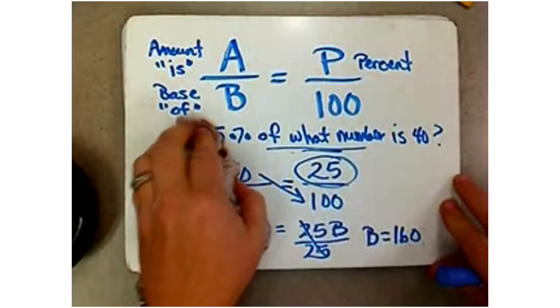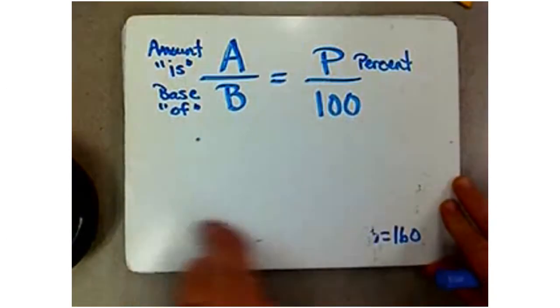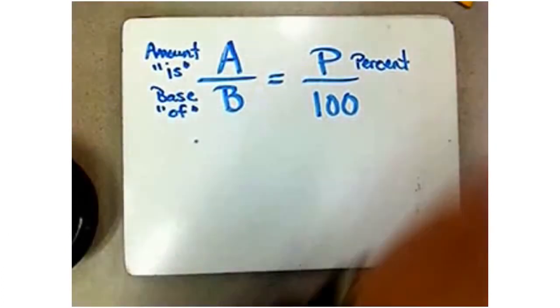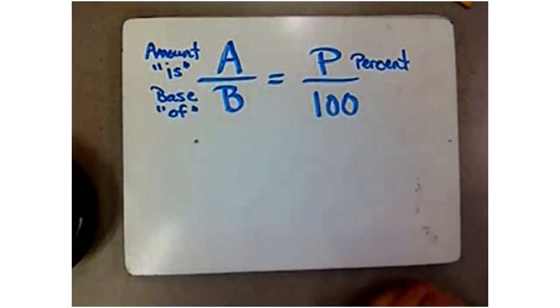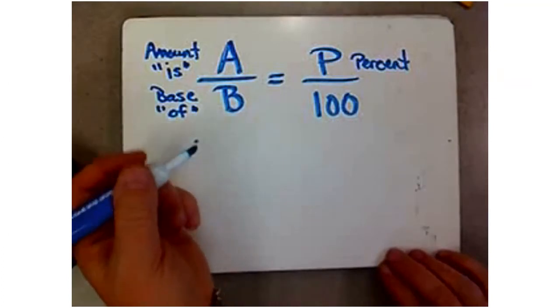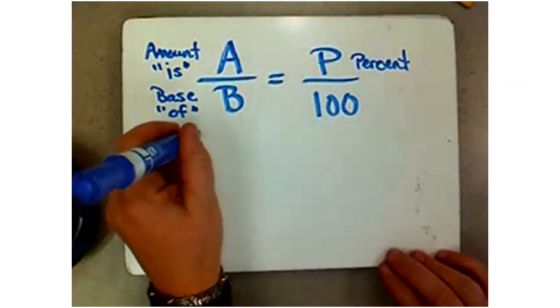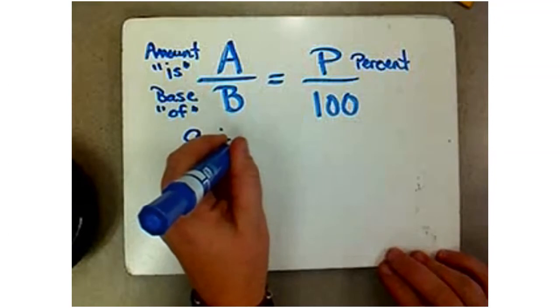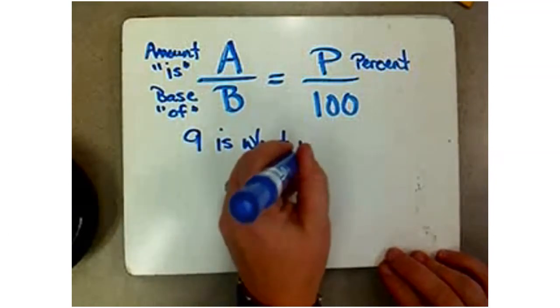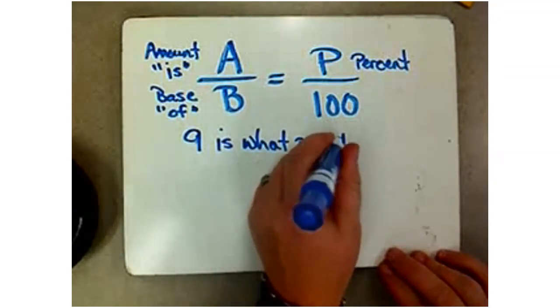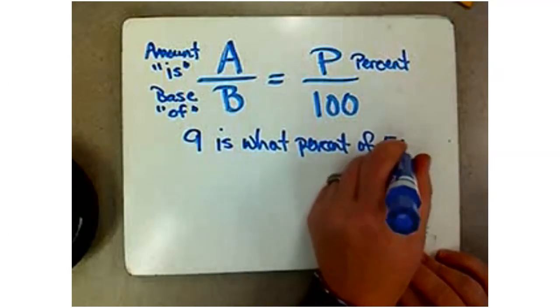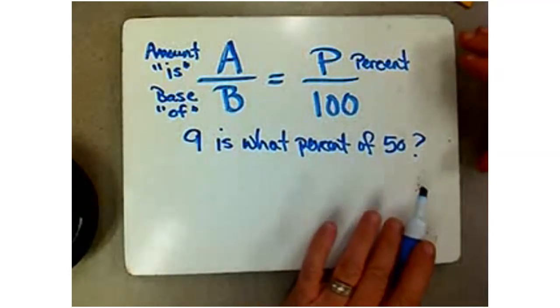Let's try one more, and then we'll move on to some word problems. So let's try number 6. Oh, actually, number 6 looks like, so we found an A, we found a B. Let's find the percent. Let's jump to number 12. It starts out, 9 is what percent of 50?